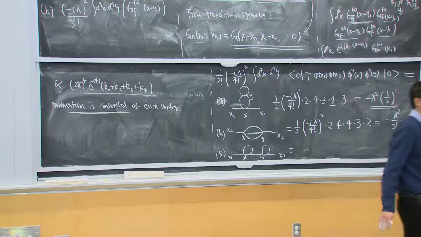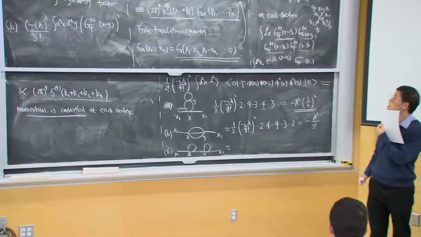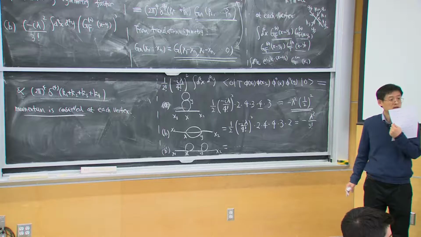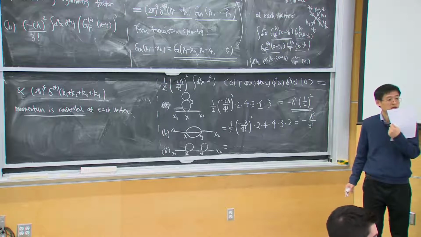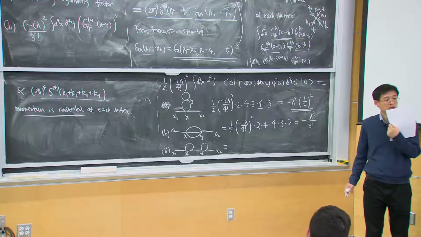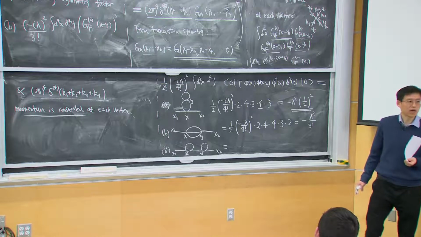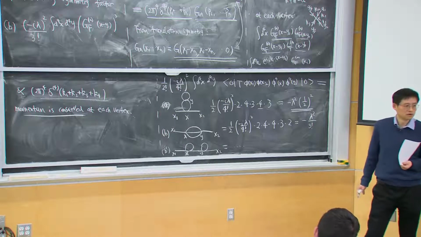Can you get the n-point function in momentum space by writing expectation values of the momentum field operators, like pi of k1, pi of k2? Yeah, you can. And how would you do time ordering there?